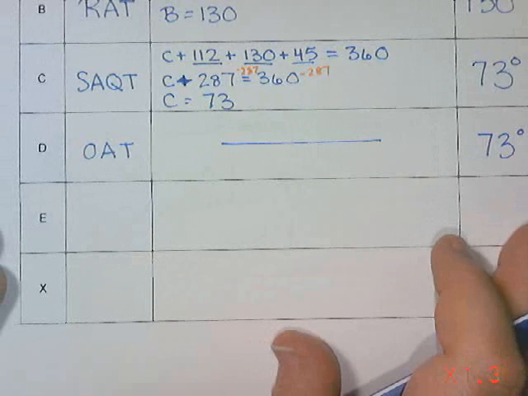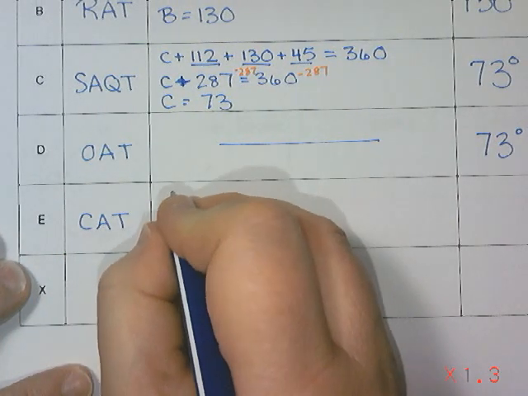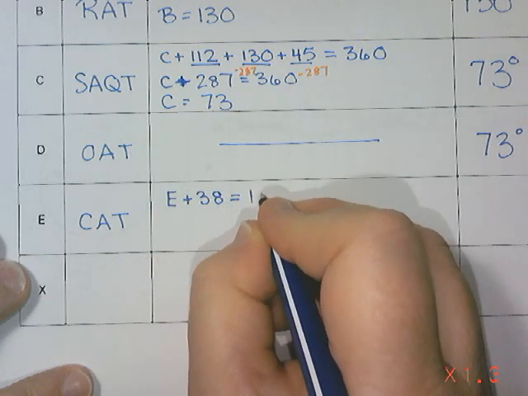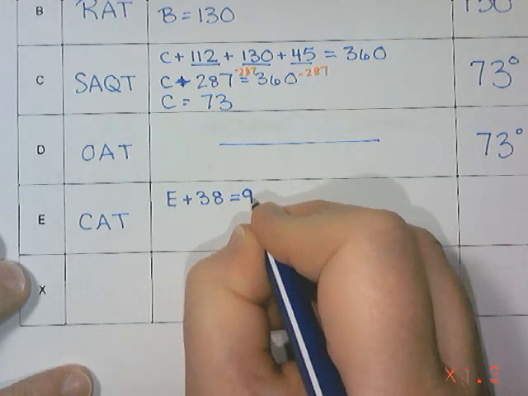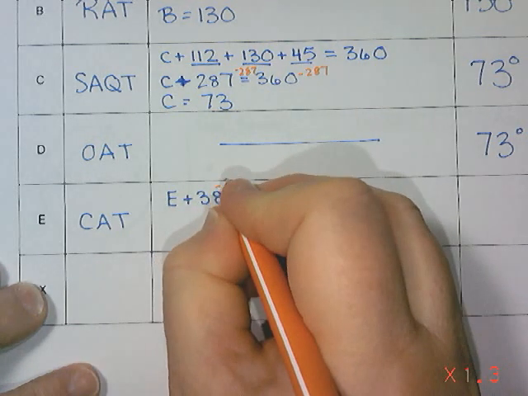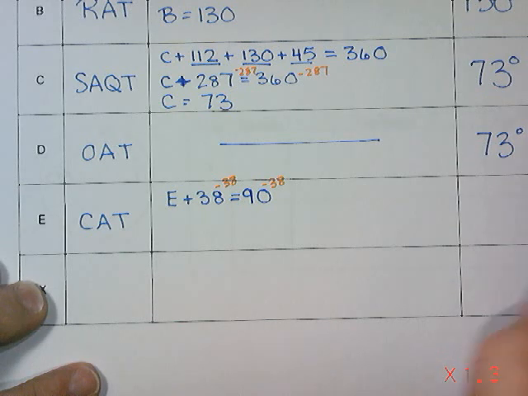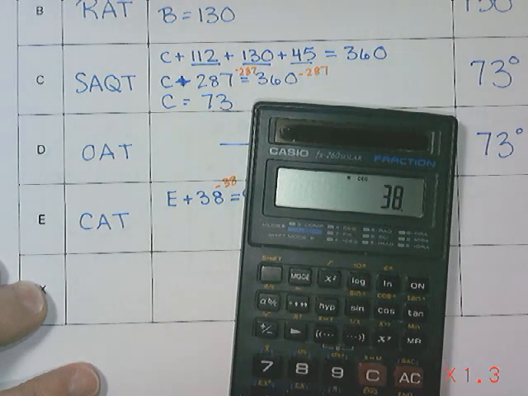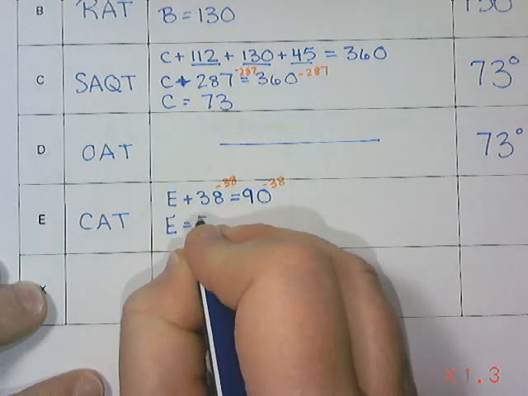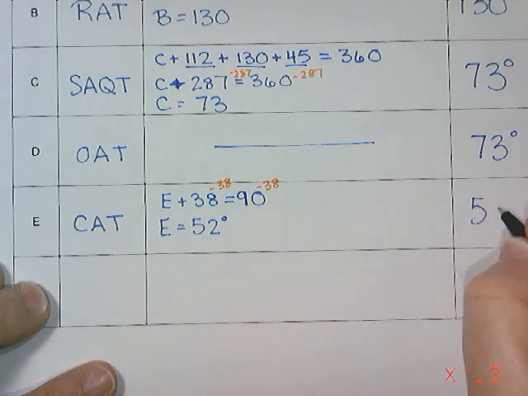So for E, we are using the complementary angle theorem, otherwise known as CAT, and that E plus 38 equals 90 degrees. All right, I'm going to subtract 38. 90 take away 38 is 52. So E equals 52 degrees.